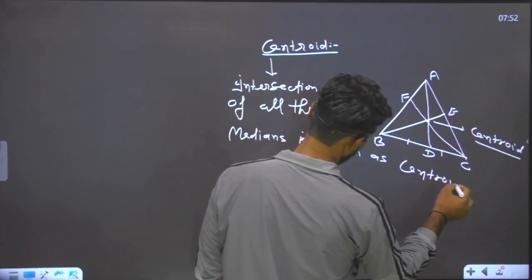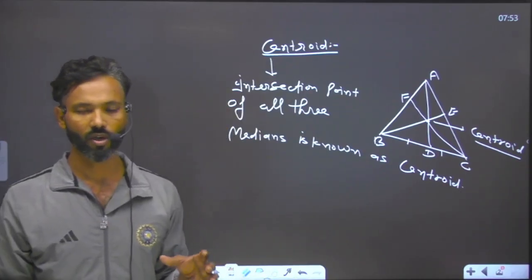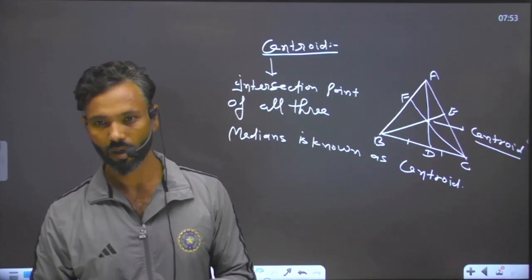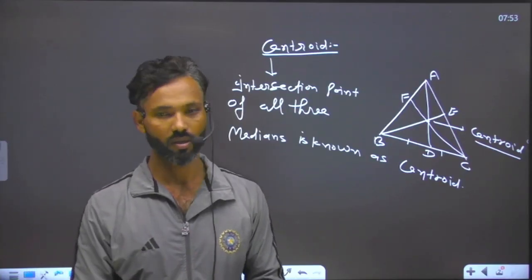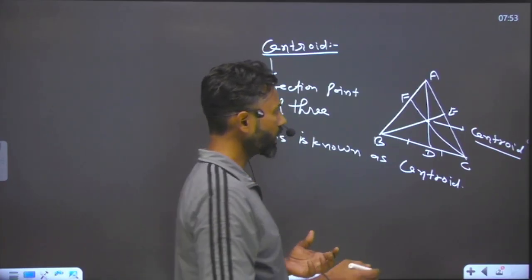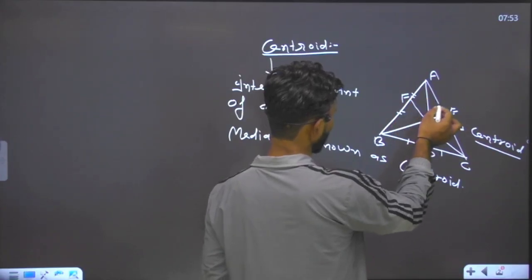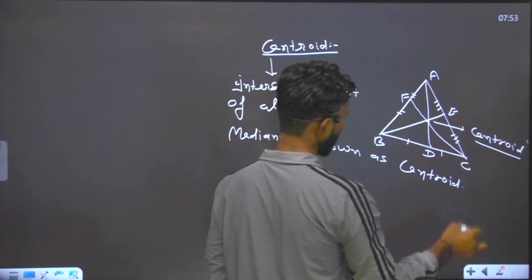This is the basic definition of the centroid. What is a centroid? Centroid is nothing but the intersection point of all 3 medians. And you know very well that a median is a line drawn from the vertex and it is going to divide the opposite side into 2 equal parts.